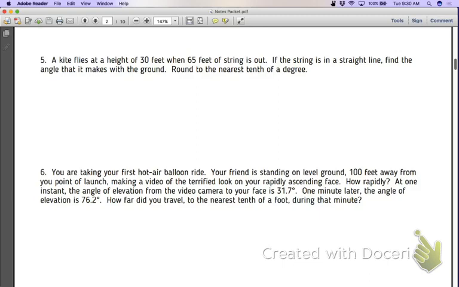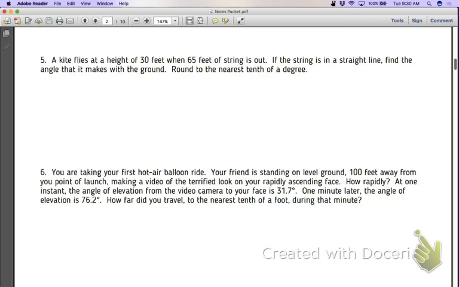Again, unless it tells you, don't assume and say, well, I'm 5.5 feet tall or I'm 6 feet tall, because then it's just going to mess with everything else. The angle could change because of how you're manipulating the values as far as your triangle is concerned.